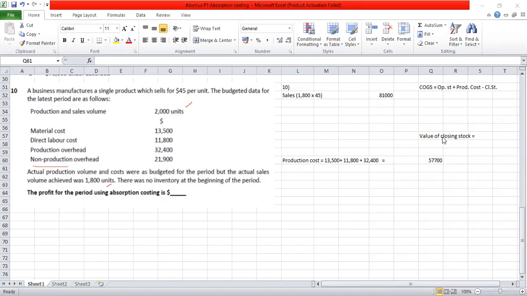Now, value of closing stock. Value of closing stock is proportionate calculation. If for production of 2,000 units, it is 57,700. Ending inventory is 200. How did we get 200? Ending inventory is 2,000 produced units minus 1,800 sold units. Ending inventory is 200 units.